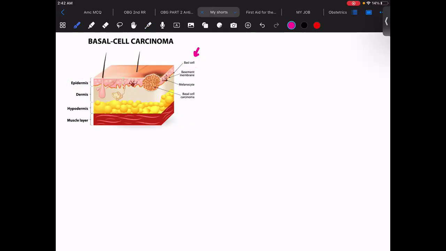So basically, if there is any unregulated division of the basal cells, eventually it results in the formation of basal cell carcinoma. The first thing is that basal cell carcinoma is the most common skin malignancy in the world.